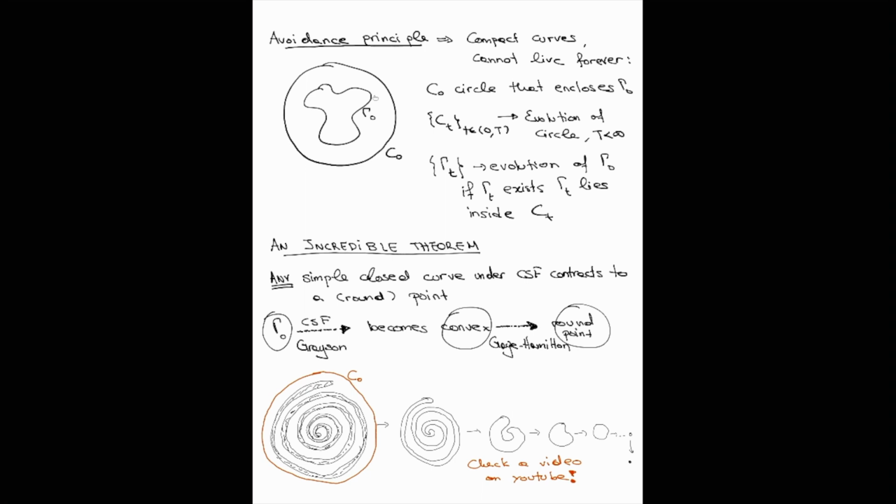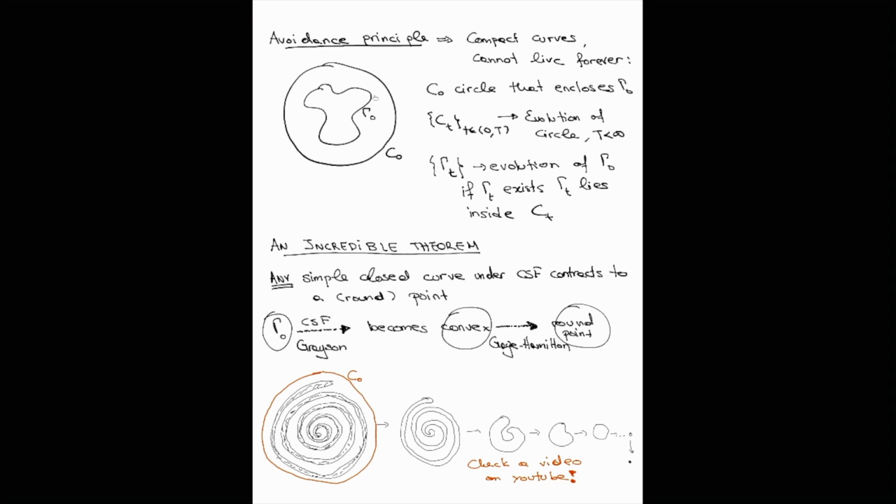Remember the equation for curve shortening flow is that the speed equals the curvature. So this equation only makes sense as long as the curvature is bounded. If the curvature goes to infinity, then with what we know so far, we cannot continue the flow.